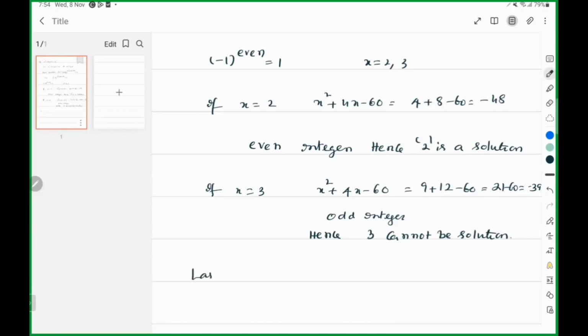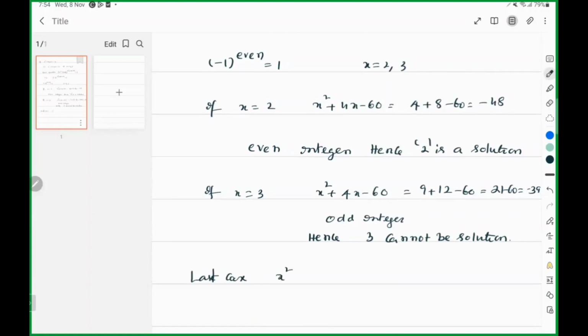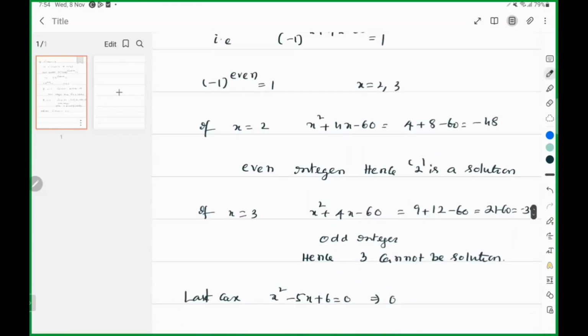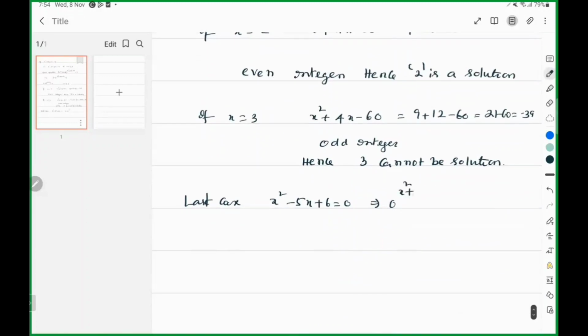Last case, when the base is equal to 0, it becomes 0 power x square plus 4x minus 60, which cannot be 1. So no solution in this case.